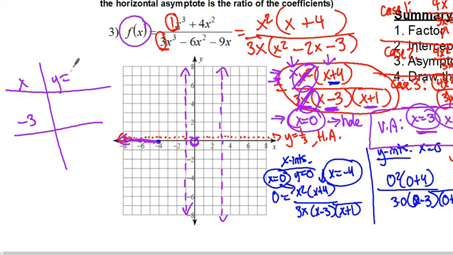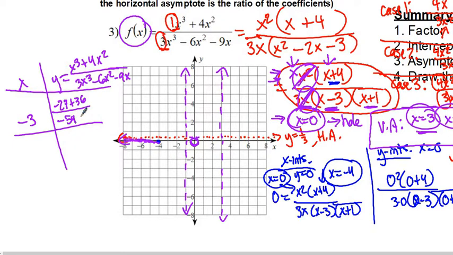So negative 3, this is our equation here. I'm just going to rewrite it so we have it. So if we plug in negative 3 right here, the top is going to be negative 27. What is that going to be? 9 times 4, so 36. So negative 27 plus 36, just doing some mental math here. And the bottom is going to be negative 81 plus 27 will be negative 54, and then minus 54.